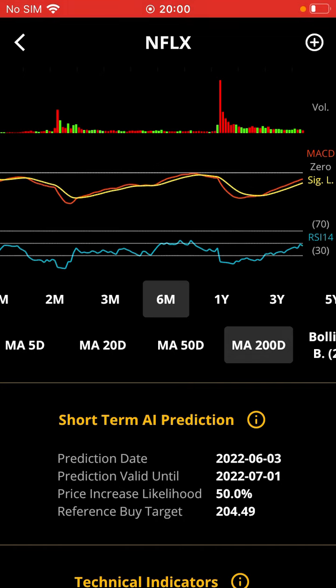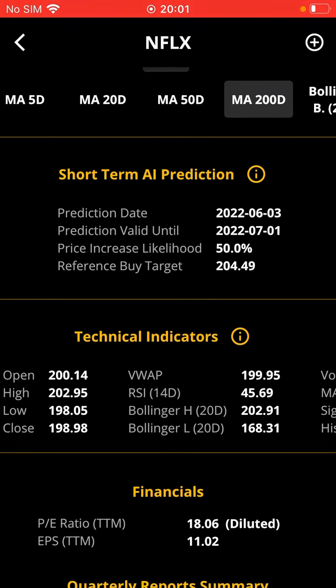Since this is quite a volatile stock recently, it doesn't mean the price is going to remain at $204.49, but it's going to be lingering at these points based on the output of our AI prediction.